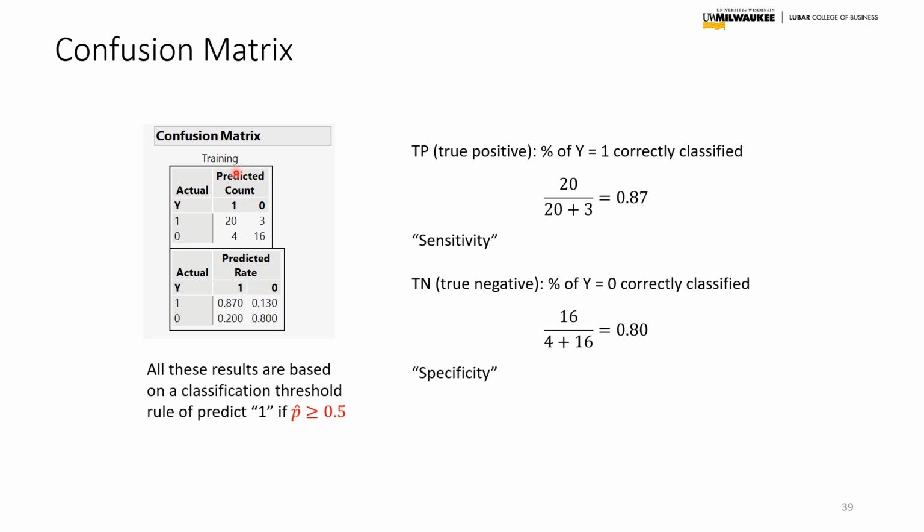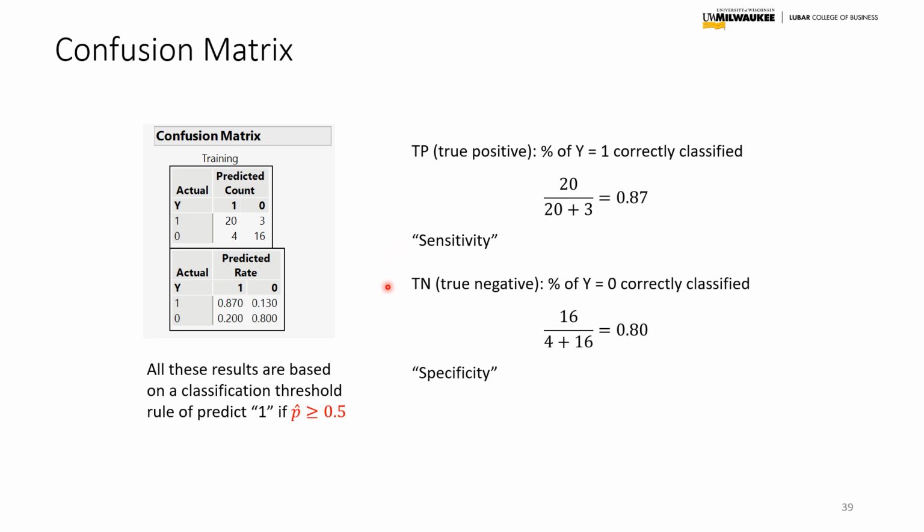Of those 23, 20 were predicted to be 1, while 3 were predicted to be 0. We can compute what's known as true positive, which is the percentage of ones correctly classified as ones, and that would be 20 out of the 23, which equals 0.87, and that's the value you find below here in the matrix of rates. This is referred to as sensitivity.